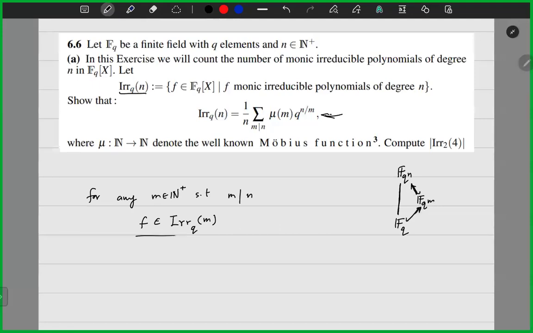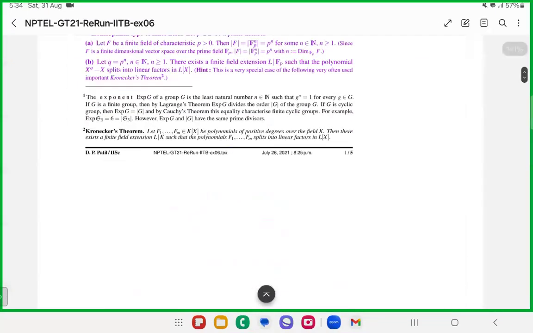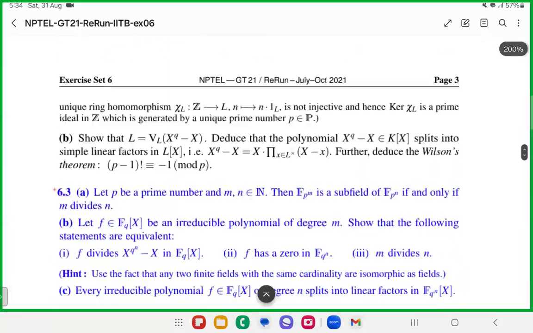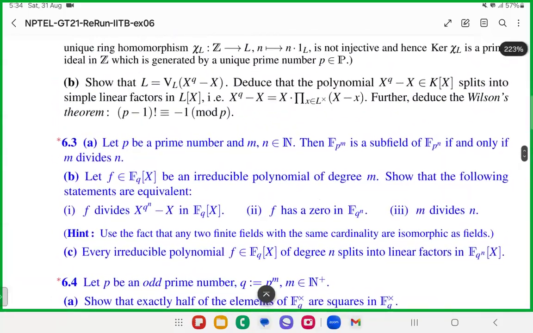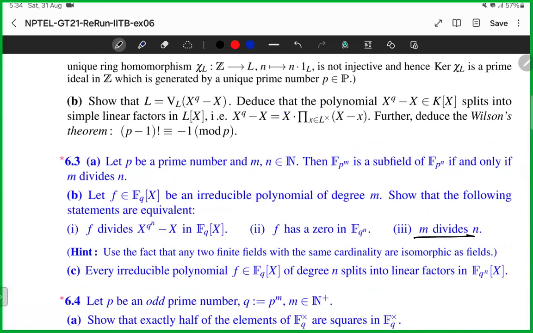If f is a polynomial of degree m and m divides n, then there was an exercise which you will be solving, which was printed in blue. I can show you. That is somewhere here. This exercise: m divides n, and this f has a zero in FQN, and f is a divisor of x to the power qn minus x.